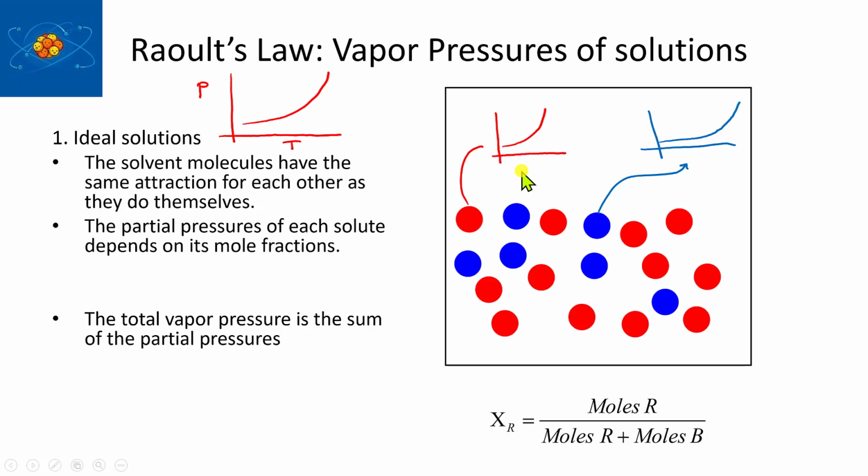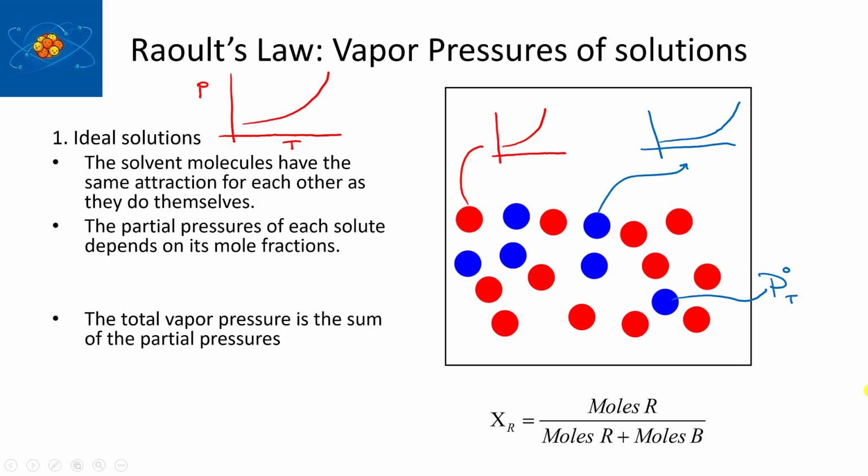Well, if you wanted to know the vapor pressure of the mixture, all you need to know is the fraction of molecules of this type and the fraction of molecules of this type, and then calculate the total pressure as the sum of those two fractions. Now, when we do this in practice, let's say the blue molecules have a pure vapor pressure at a particular temperature.